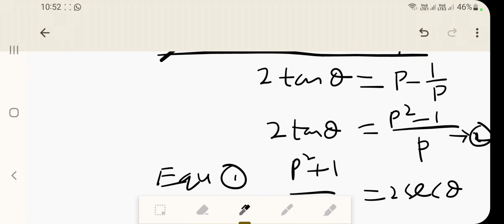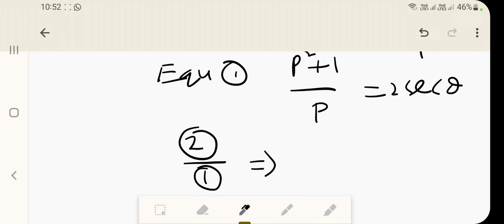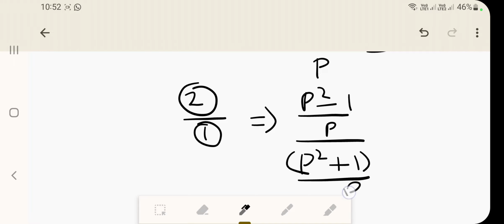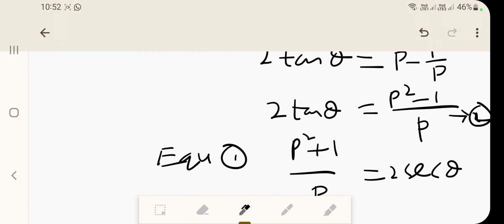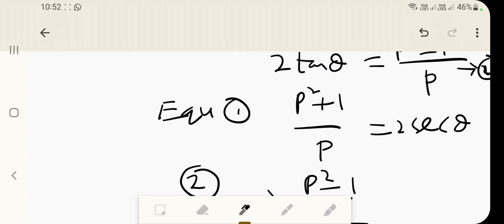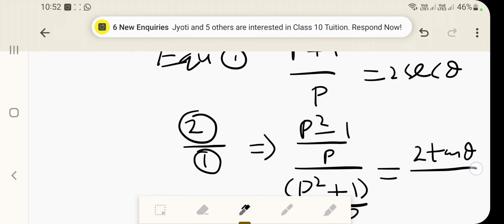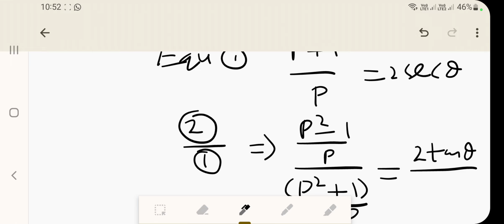So what do we get? Equation 2 by equation 1: (p square minus 1) by p, divided by (p square plus 1) by p. This is equal to 2 tan theta divided by 2 secant theta.